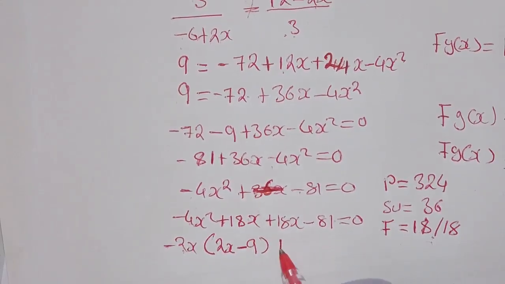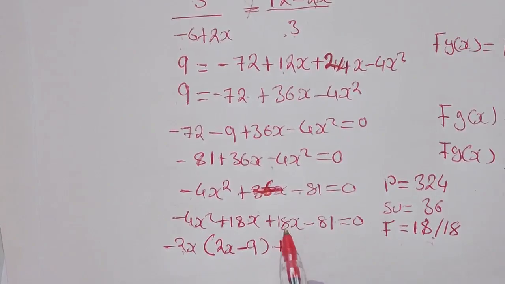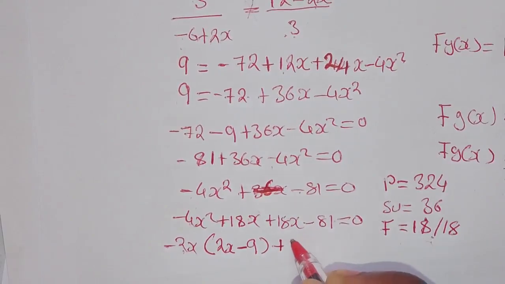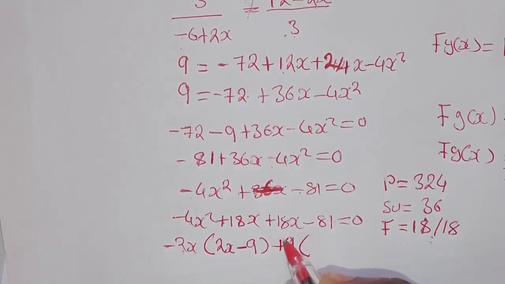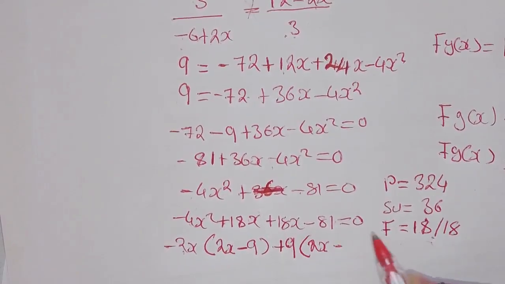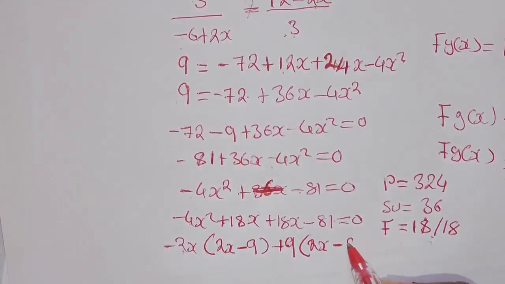Plus, so here what's common? What's common here means the highest number that goes into 18 and 81 without leaving any remainder. So we're going to find out that it's 9. So I have 9 here. 9 into 18x will give us 2x, minus 9 into 81 will give us 9, is equal to 0.